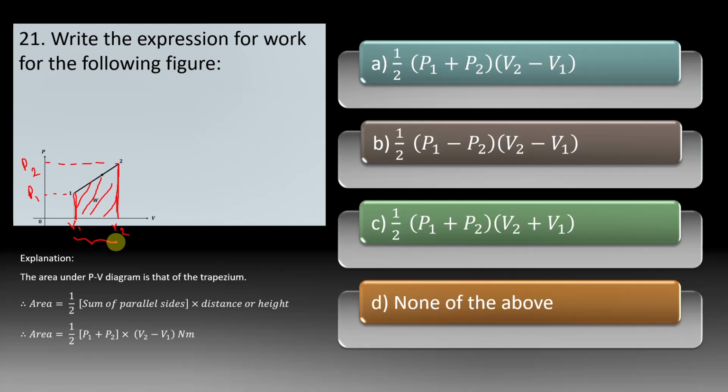This distance is nothing but V2 minus V1, because from the origin up to this point it is V2, and up to this other point it is V1. So the distance is V2 minus V1, that is the change in volume. So it is 1/2 (P1 plus P2) into (V2 minus V1). So we can say that option A is the correct option in this particular case.